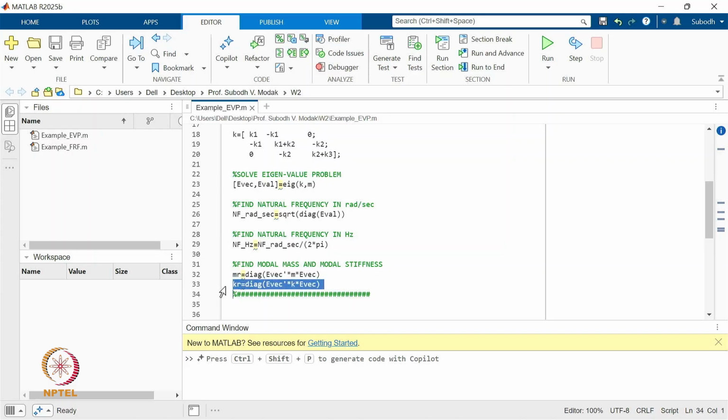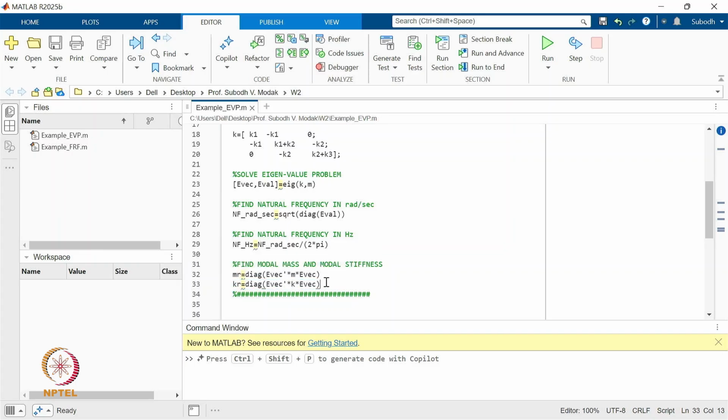I do the same with the stiffness matrix: phi transpose K phi gives the diagonal modal stiffness matrix, and using the DIAG command I extract its diagonal entries and store them in the vector Kr, which gives me the vector of modal stiffnesses.